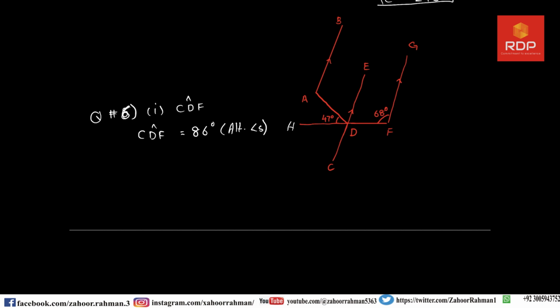Now the second part is saying that find the value of BAD. Now directly we cannot find the value of BAD.